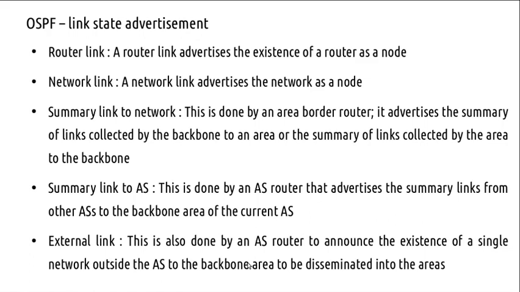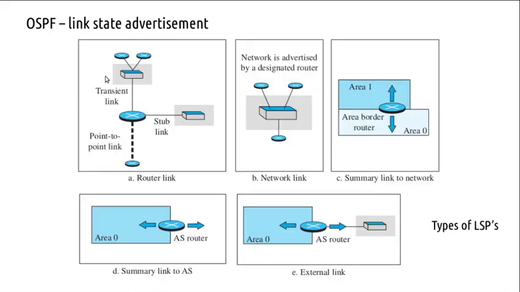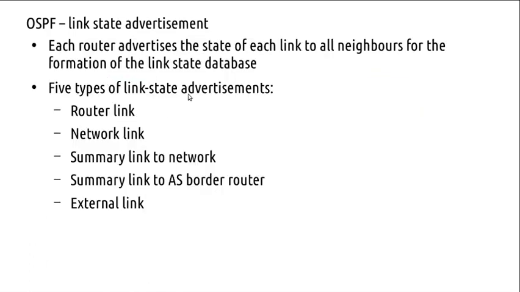Maybe some entity wants to remain separate from this autonomous system, but needs to have some connectivity. Such advertisements are done using external link packets. These are the 5 types of link state advertisements or link state packets.